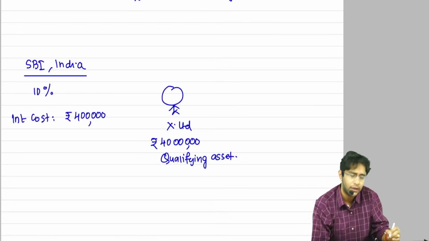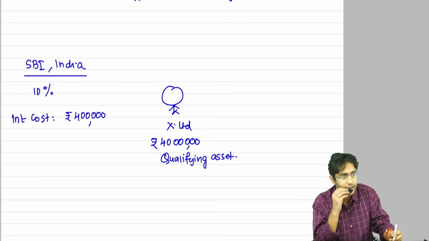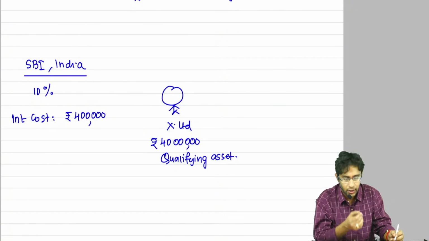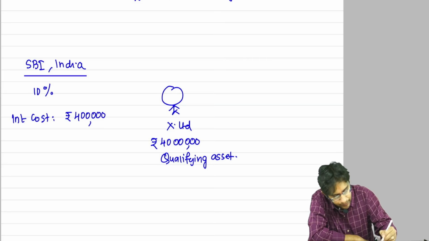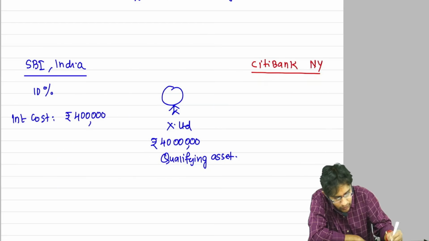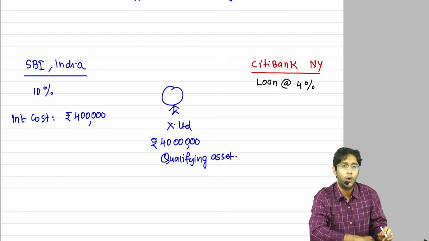He thought that interest rate in India is very high. Let's not borrow money in India. Rather, we borrow money outside. So, he inquired in some other foreign bank. So, Citibank, New York, agreed to give him loan at the rate of 4%. Only 4%.